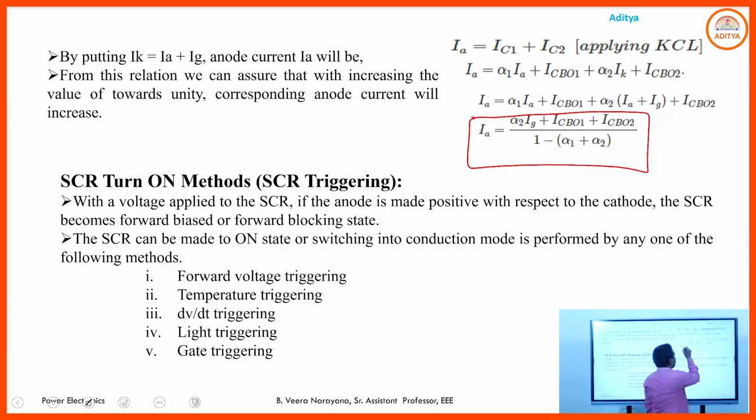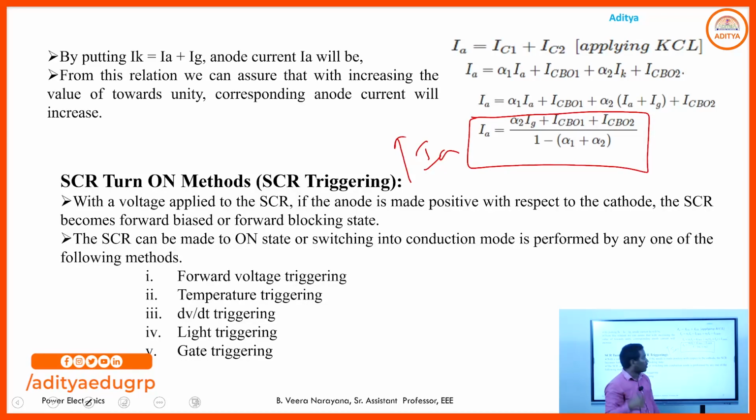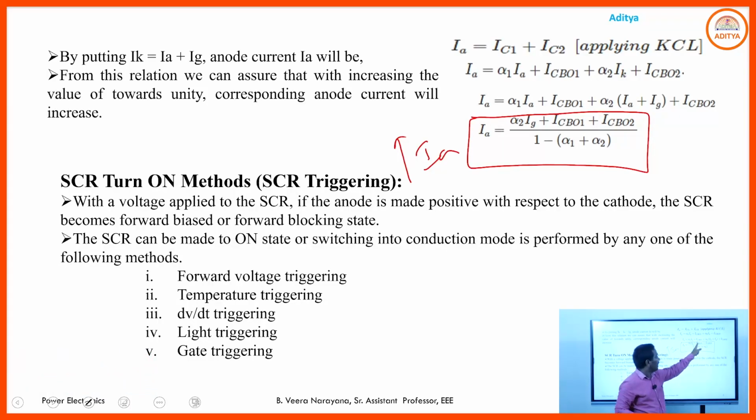Here the anode current depends on either the gate current magnitude, the leakage currents flowing through the transistors, or the current gains. So if you increase any one of these three, either the gate pulse, the forward leakage currents, or the forward current gains, we are able to improve the anode current.